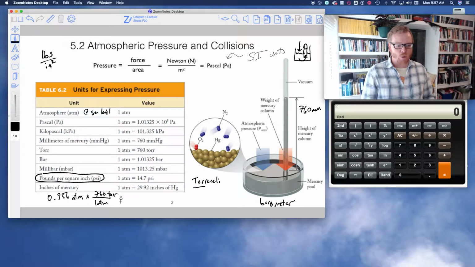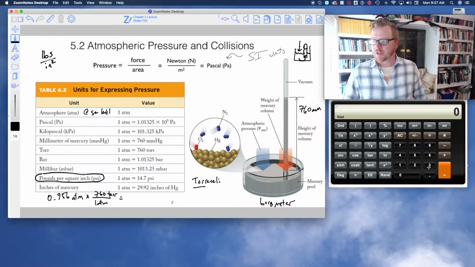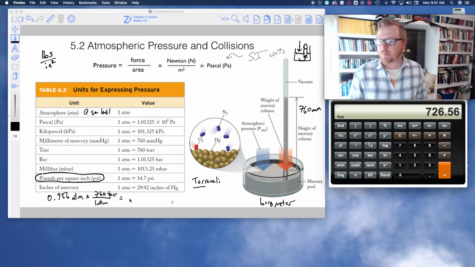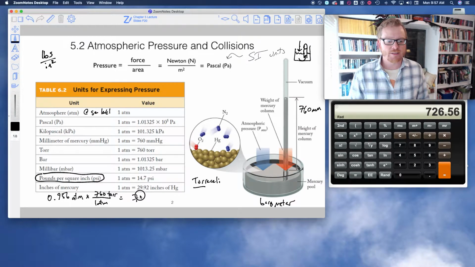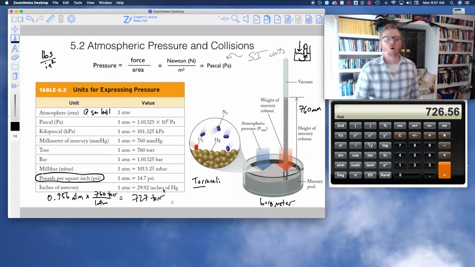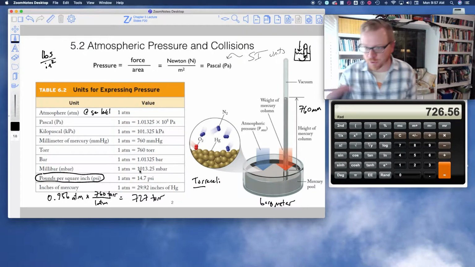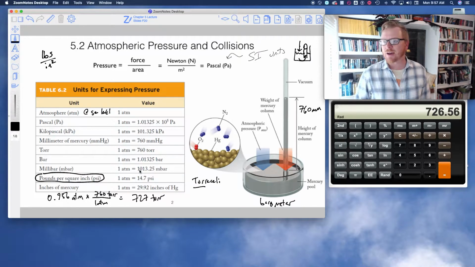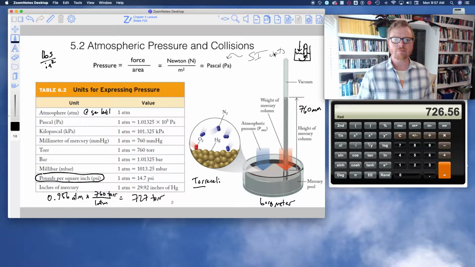So on a day where there's slightly less atmospheric pressure, I can say 0.956 times 760. And on that particular day, with 3 sig figs, it would be 727 torr, for example. So be able to use any of these types of conversions in the same way that we've been doing. You don't have to memorize these units, but you should have some amount of familiarity with them. Okay, so let's move on.